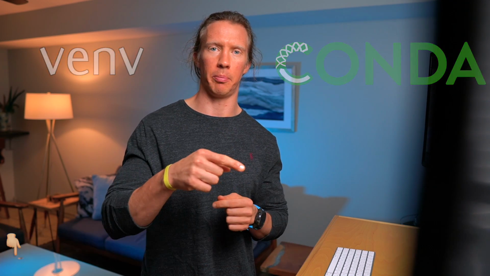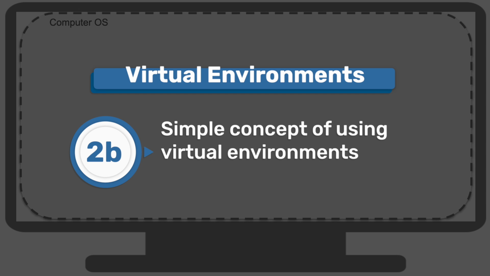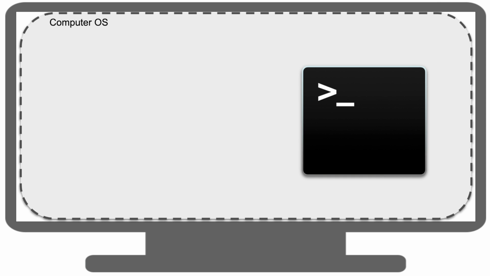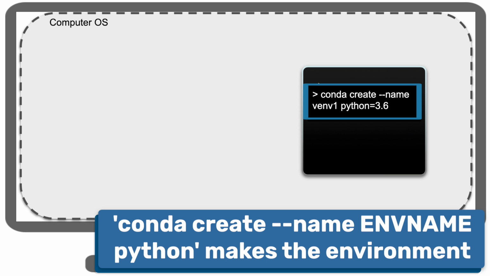So let's jump in. Let's walk over the basics that we're going to go through to use virtual environments for executing our Python scripts. So let's say we're starting fresh again. You're on your computer operating system and you have your terminal or your command prompt. From here, the first thing that you would want to do is actually create your virtual environment. So here I'm creating my virtual environment using Conda.